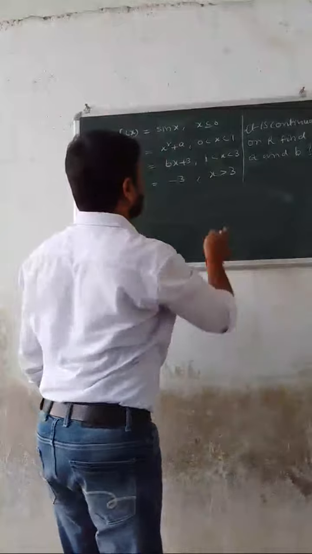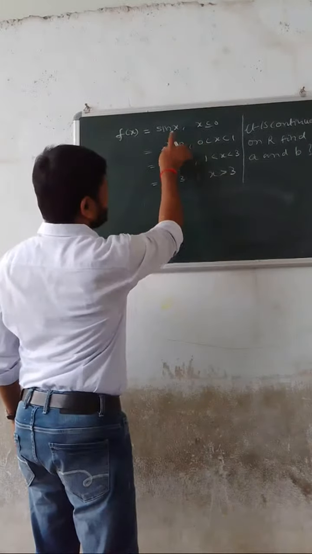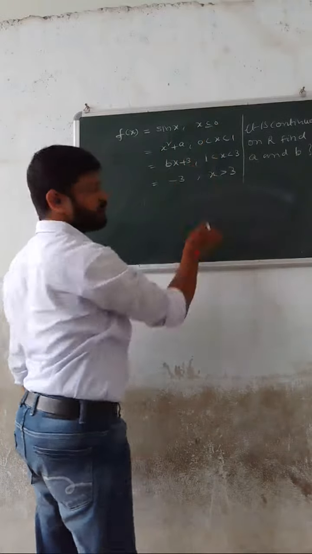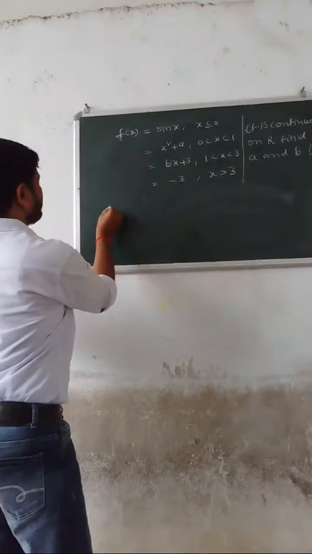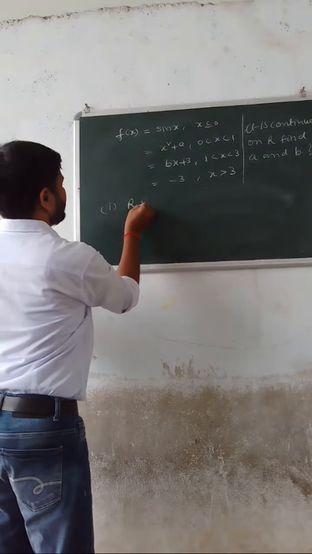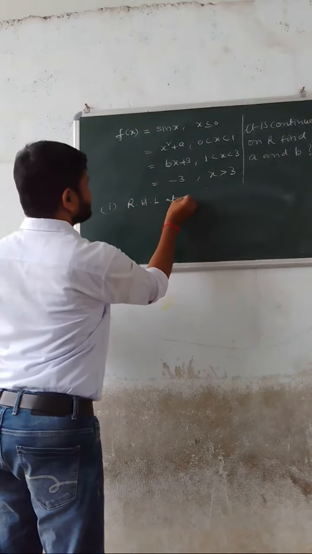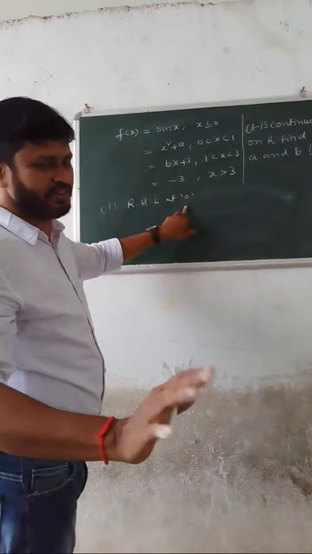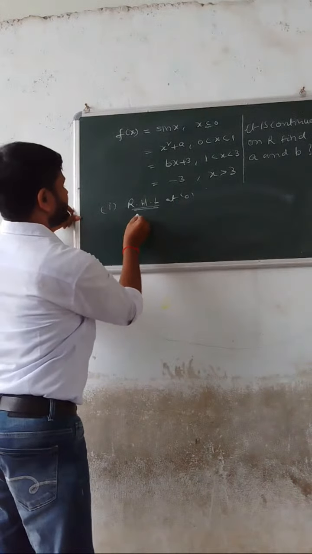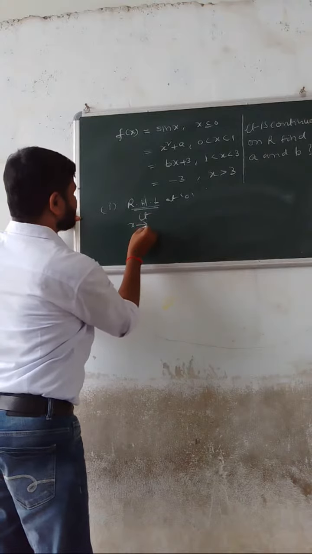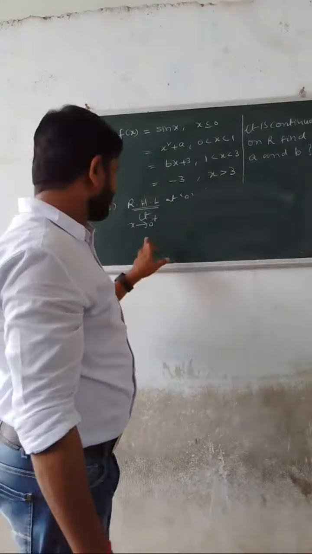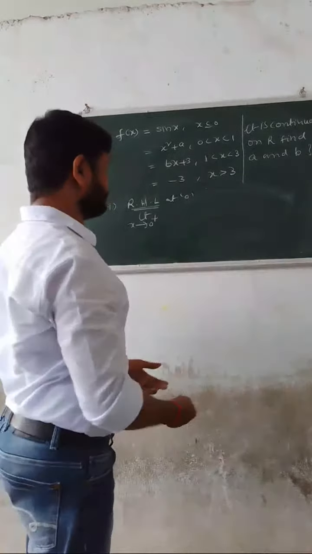But sir, where do we have to take the right hand limit and left hand limit? First, you keep this. In the first 2 functions, observe what are the common numbers. Here 0 and here 0. So first, we should take the right hand limit at 0 and also the left hand limit at 0. Right hand limit at 0, that is limit x tends to 0 plus. 0 plus means x value more than 0.